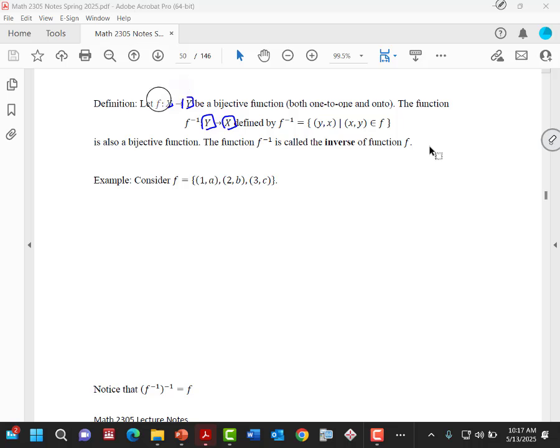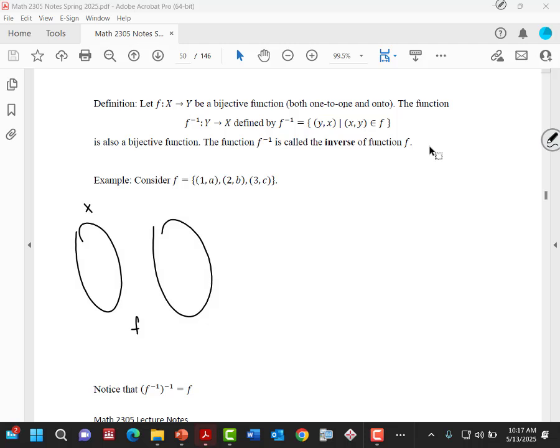Okay, a very basic example. Let's consider this function f mapping x to y. We have 1, 2, 3, a, b, and c.